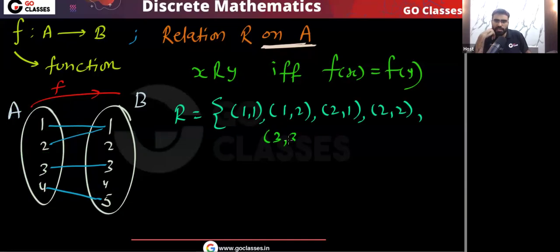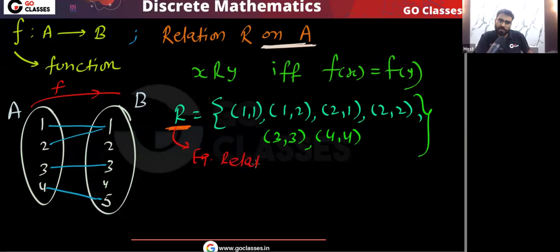Then you have 3 related to 3 and 4 related to 4. This is your relation R. In this relation R, how many equivalence classes are there? Remember, this is an equivalence relation that you already know. Tell me the equivalence classes.